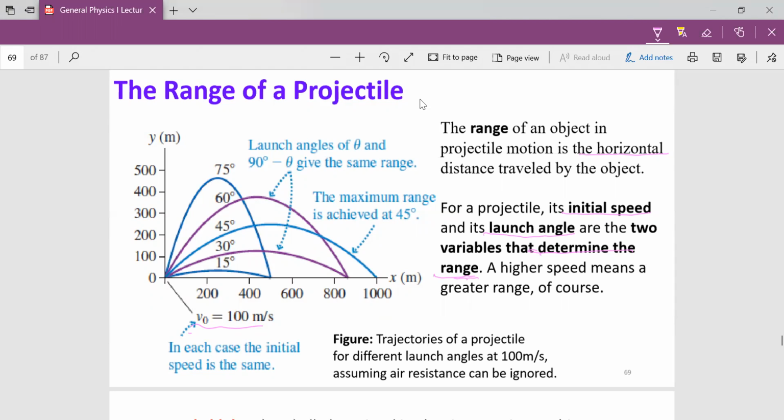So now let's look at this. We have already established that the launch of this ball from the origin is at the same speed. But look at the different angle. When we launched at angle 15, it landed somewhere around, say, 500 meters.